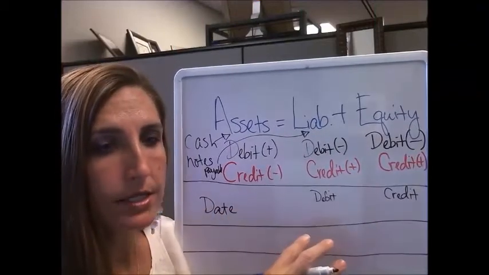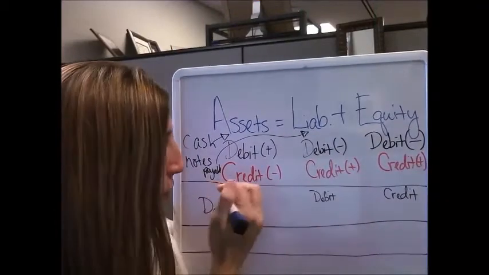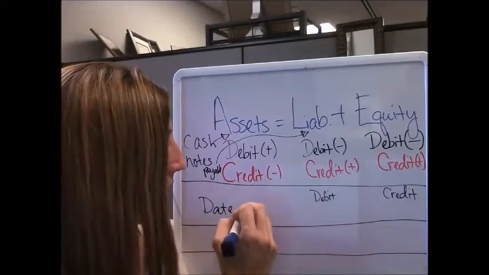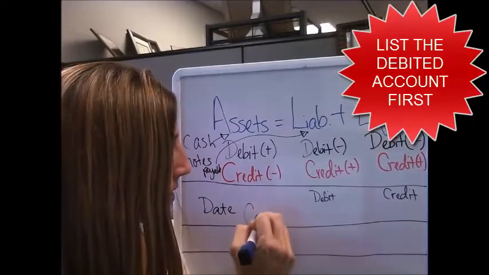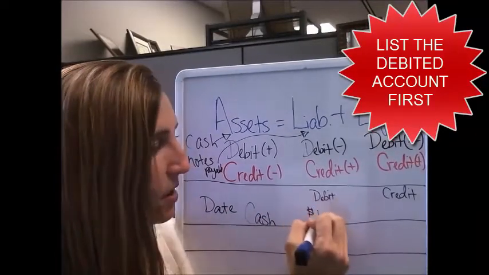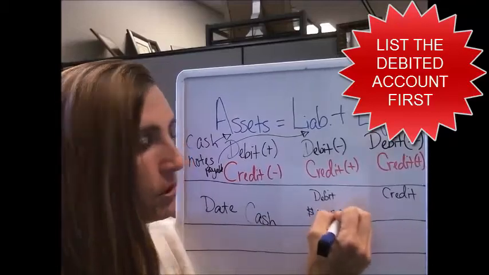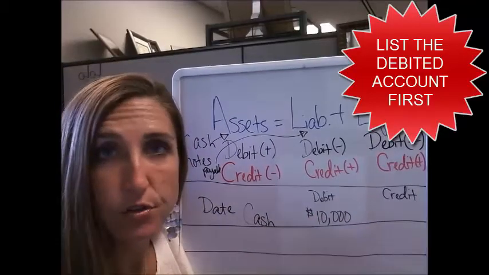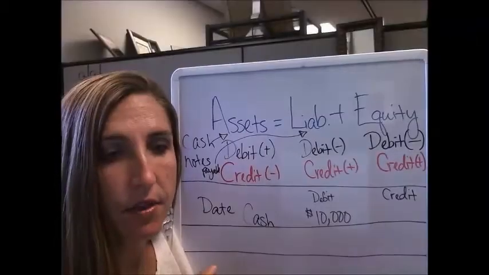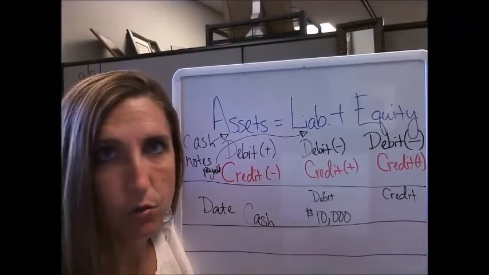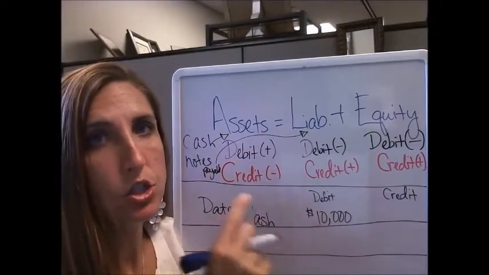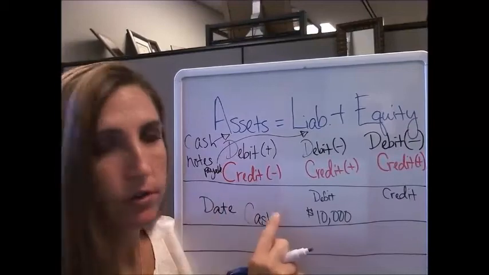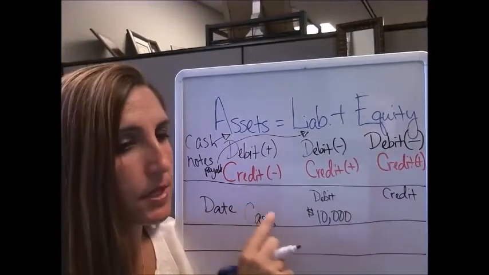When you go to write it down in your journal entry format, the first column usually has a date. And then on the first line, we list the item that got debited. The rule is not that we write down cash first. That's not a rule. And it's not that we write down the asset first. That's not a rule either. The rule is you will list on all of your transactions the account that's being debited first.